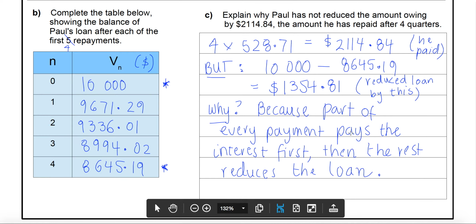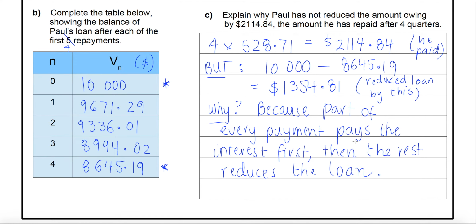And that's a really important concept to understand for reducing balance loans, because what we're doing is we're modeling it with a sequence at the moment, and you can't actually see where the money is going when you do this with a sequence. You can only see how much is owing after each payment is made.